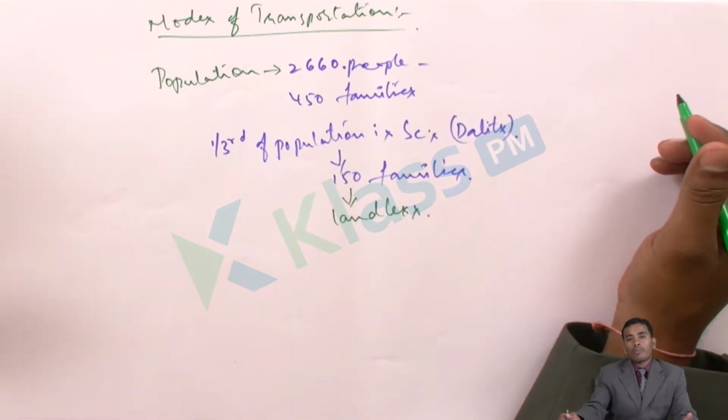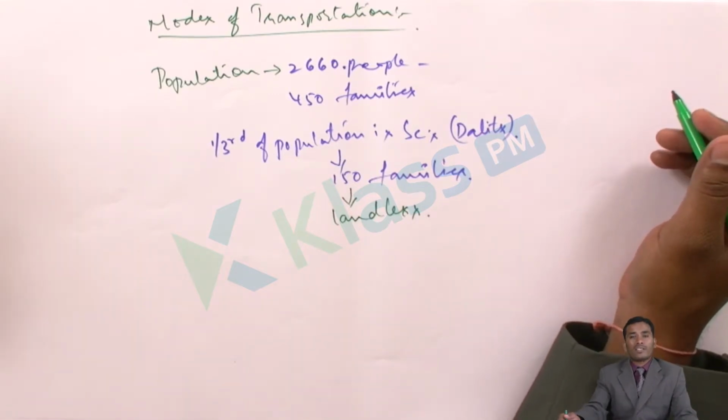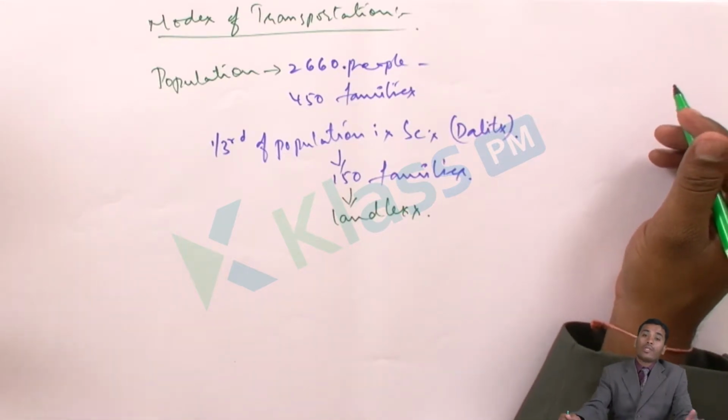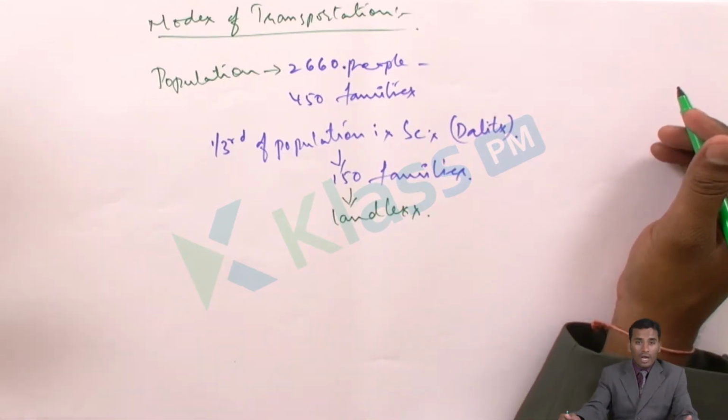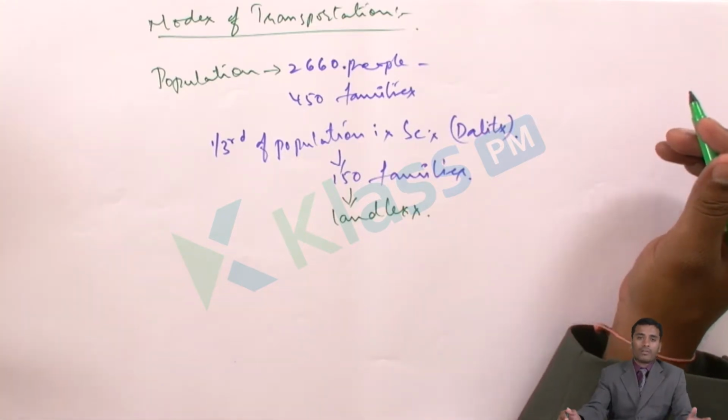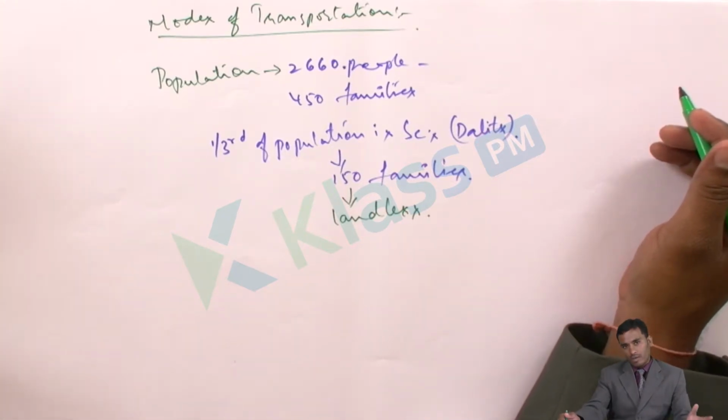So here the total population is 2660 people and 450 families. Out of these, 1/3 of the population are Dalits, whom we call SCs, and the remaining are middle class as well as rich families. Different categories of families stay in Rampur.